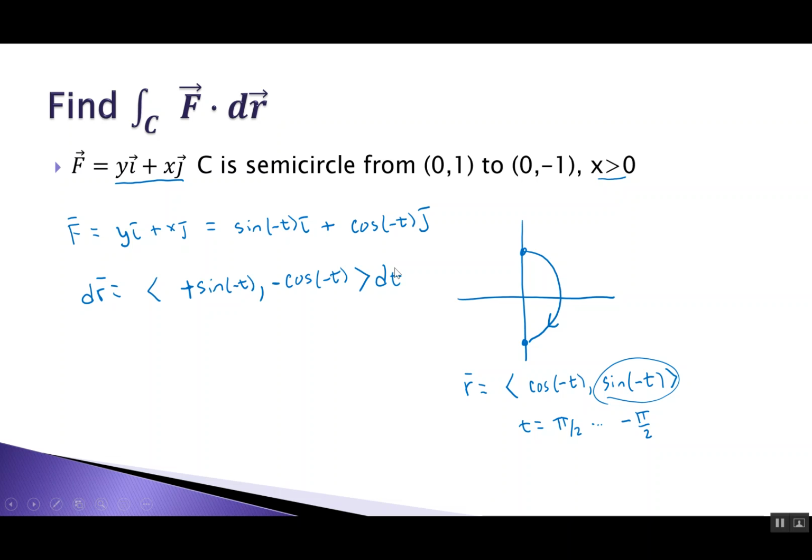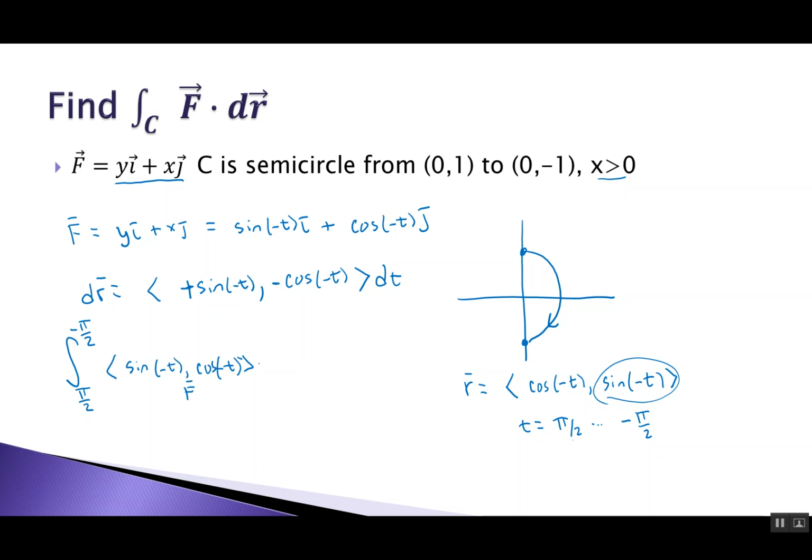And now I'll put the whole thing together. I'm going to integrate from pi over 2 to minus pi over 2. No problem with that. Might seem a little funny looking, but it's fine. Of sine of minus t, comma cosine of minus t.